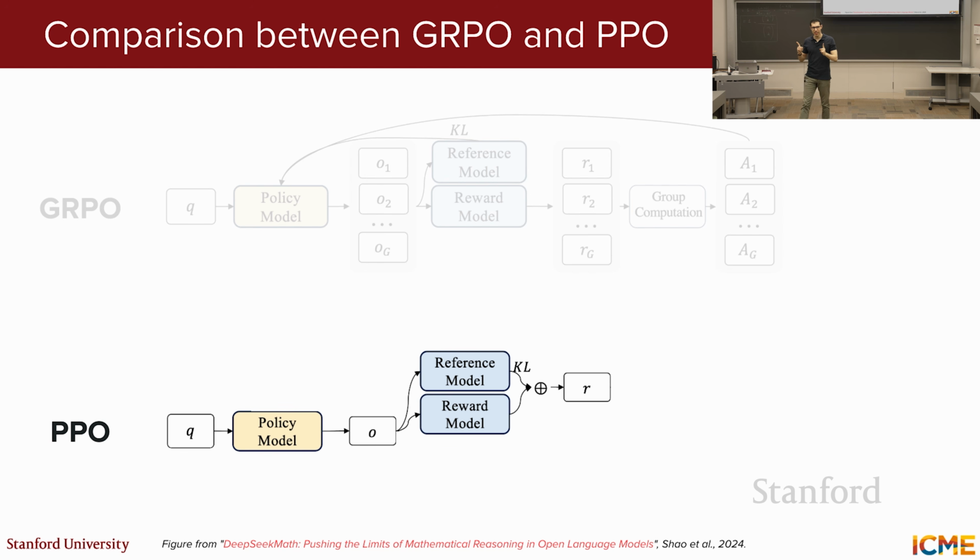Now, there's one thing we did not see last time, which is more of an implementation detail: we also have a KL divergence term that is comparing the probability of each token with the probability of the token from the reference model. And from an implementation standpoint, we also typically incorporate that in the reward.